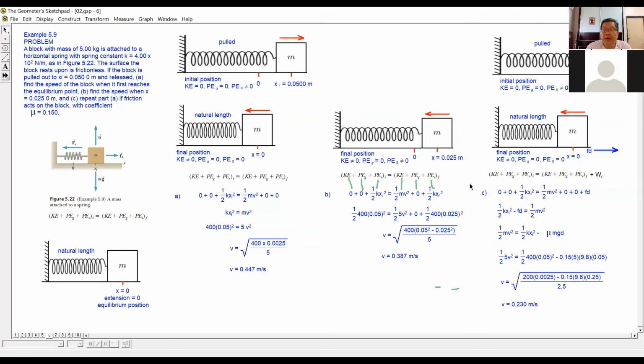Okay, so we are going to solve this equation, move this number to the other side, try to find out what is v squared. So v is the square root of these numbers. The answer is 0.387 meter per second.